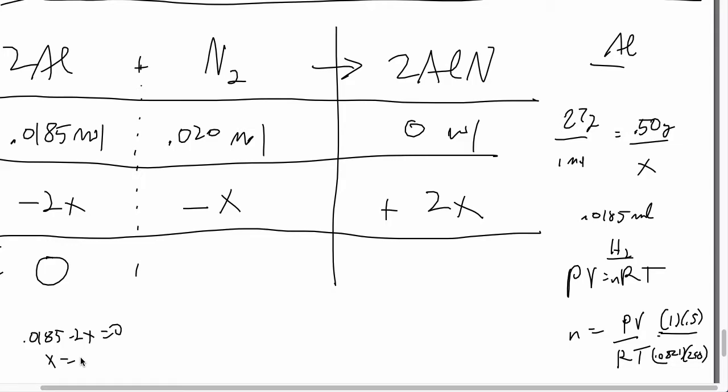0.0185 divided by 2, 0.00925. So if I put that in here, 0.00925. So 0.02 minus 0.00925.